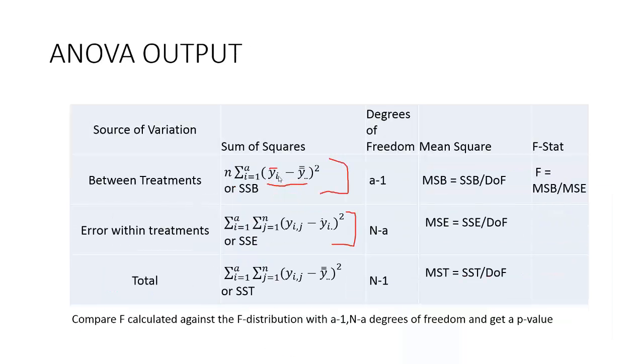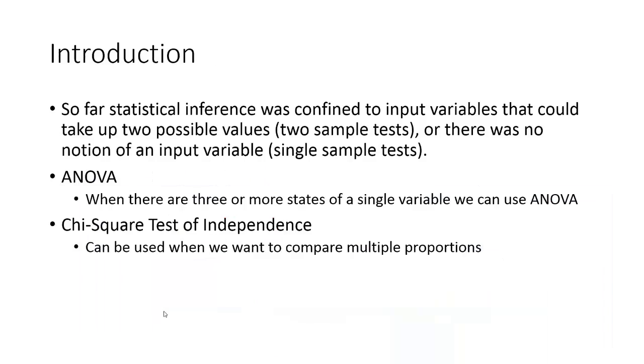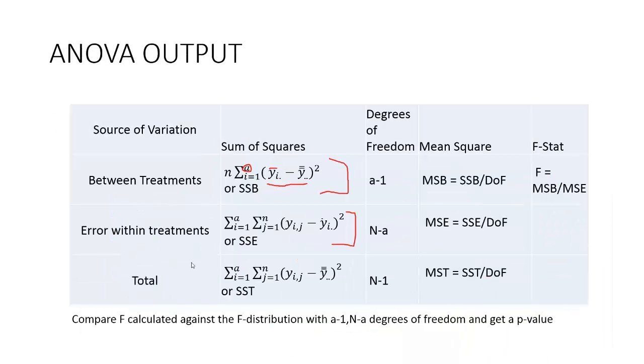I'm saying y i bar dot with i going from 1 to a, where a is the total number of treatments, which in my particular case is 4. So there are 4 different sets of samples that I'm comparing. So essentially I am taking i from 1 to 4, and I'm taking each of those means that I calculate.